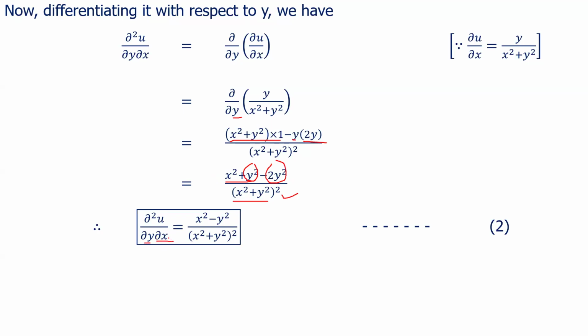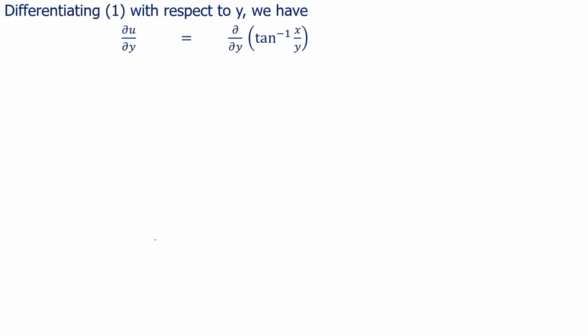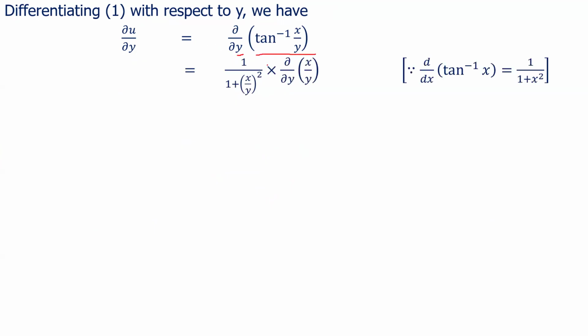Let us try to find the partial derivative of u with respect to x and y. Differentiating u partially with respect to y, we have del u del y, which is equal to the partial derivative of tan inverse of x by y with respect to y. Now again, we know the derivative of tan inverse of x is 1 upon 1 plus x square.